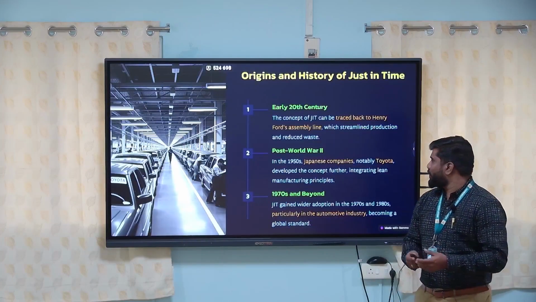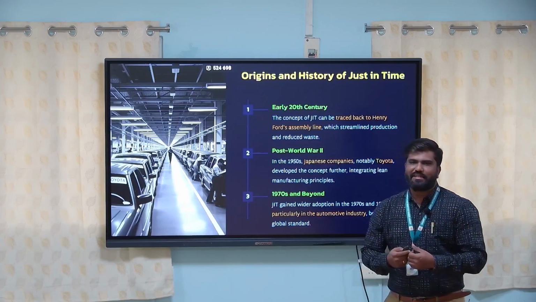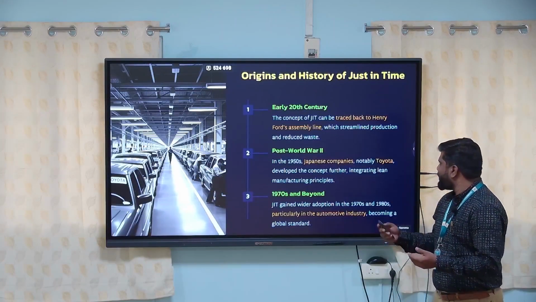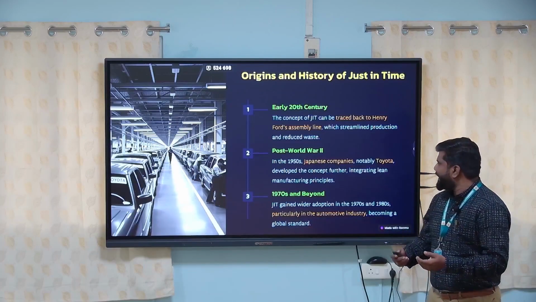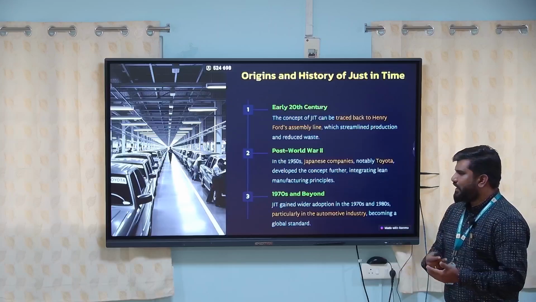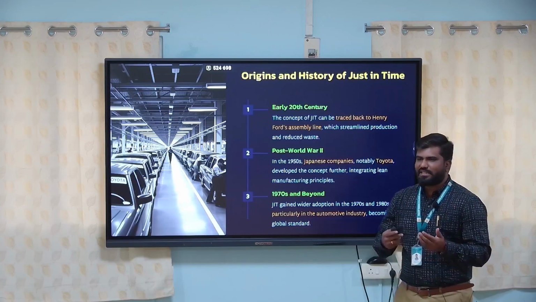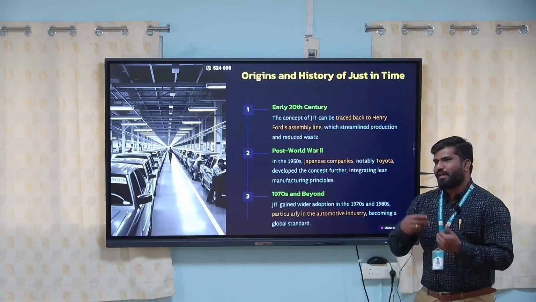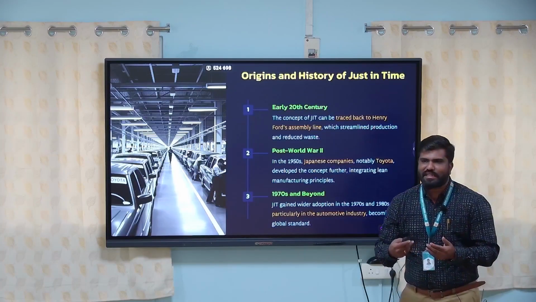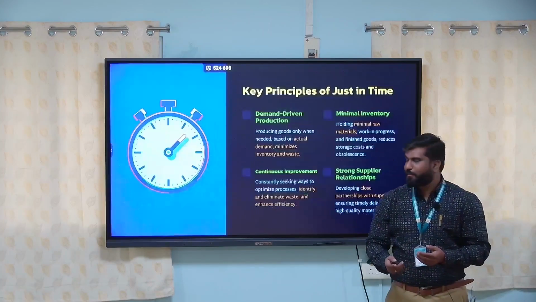After World War II, it's all about the Japanese companies who took it so seriously, especially Toyota, the company which we all know, developed the concept further and integrated lean manufacturing into it. Then after the 1970s, the world recognized this system of just in time for their production units, and especially the automobile industries took it so seriously and made it a global standard.